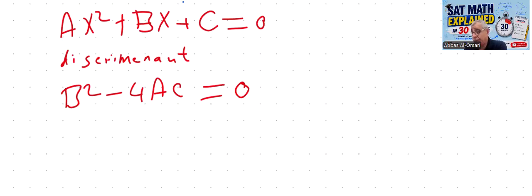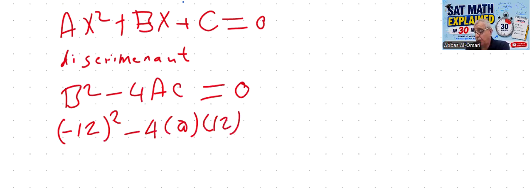So B is minus 12 in our equation, so minus 12 squared minus 4, A is A, and C is 12, equal to 0. So we have 144, we do the math, minus 48A equals 0.